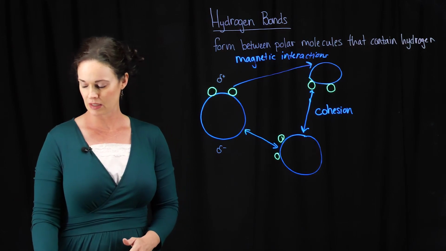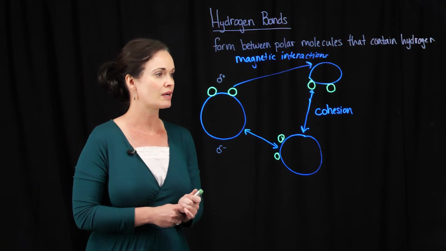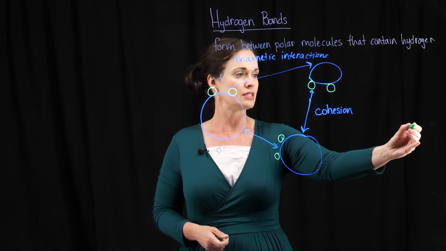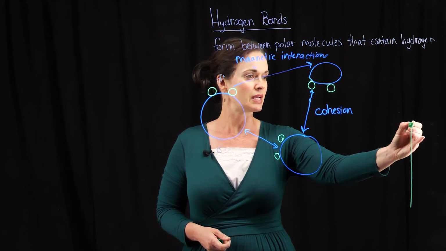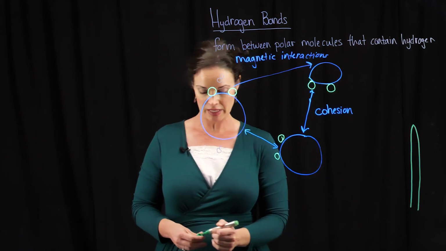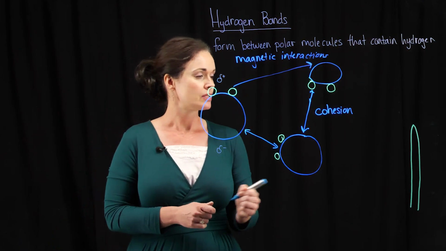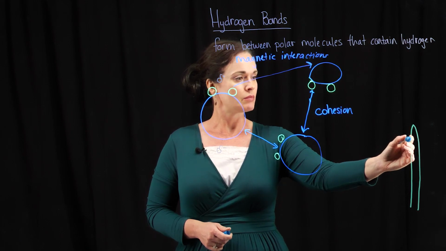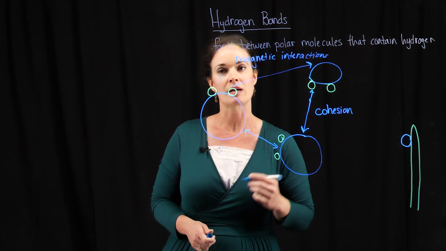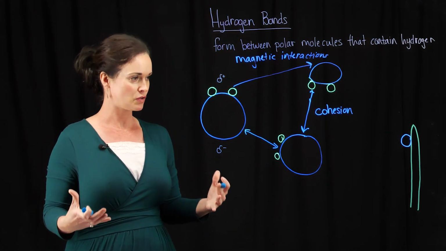The other property that water has is what's known as adhesion. So you have probably seen, here's my terrible drawing of a blade of grass. If you get up in the morning, you may notice little dewdrops on the blades of grass.